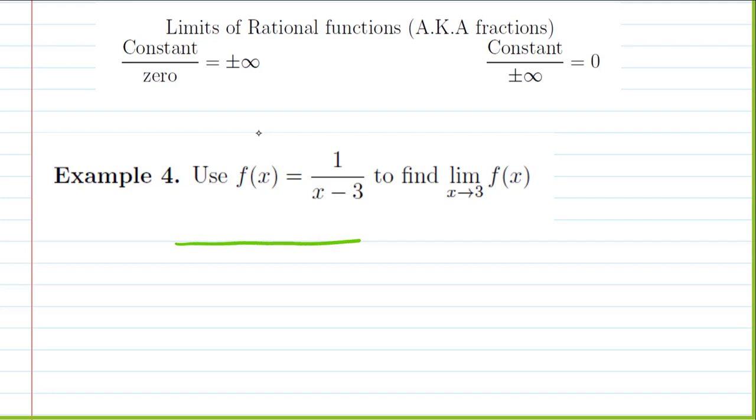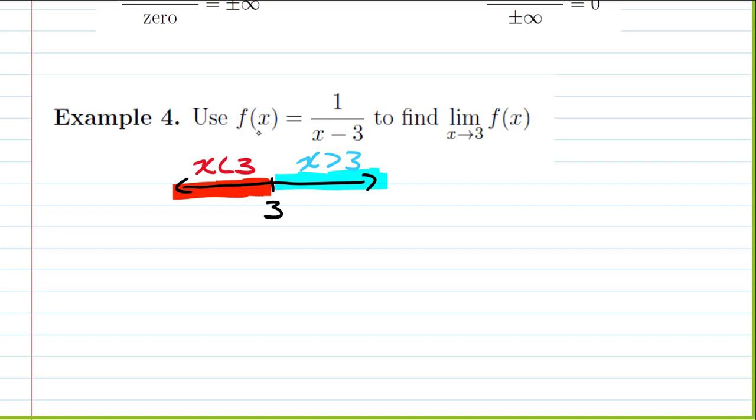So we're going to be getting close to the number 3 from both the left and the right. So if we're coming in from the left, that's over here, we're going to be using x values that are less than 3. And when we come in from the right, we're going to be using x values that are bigger than 3. So now let's take our limit from the left.